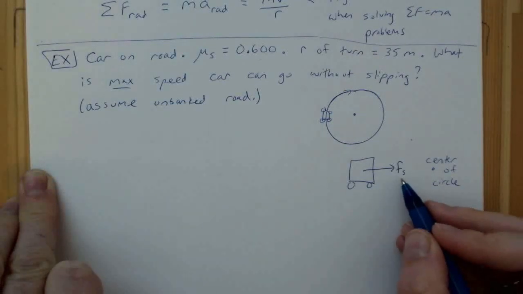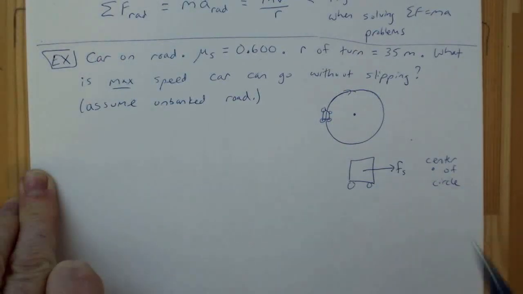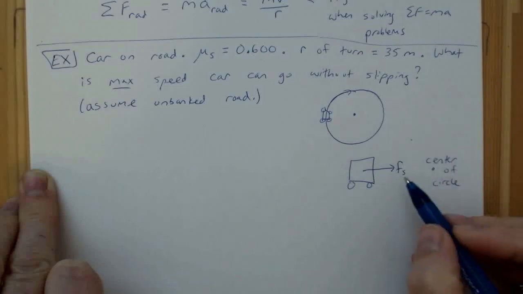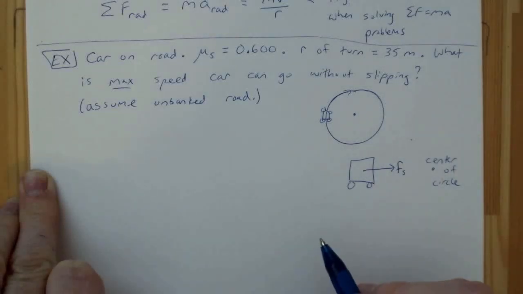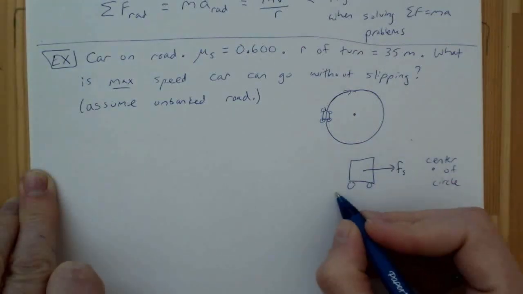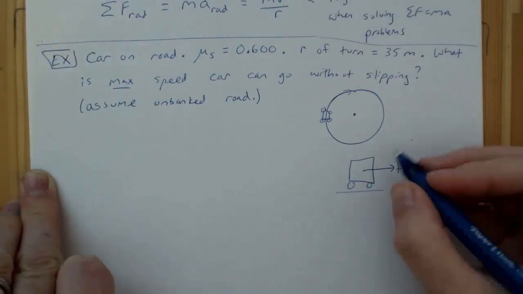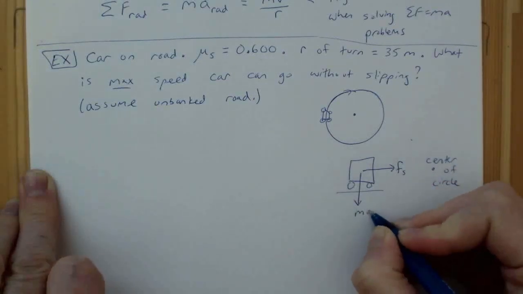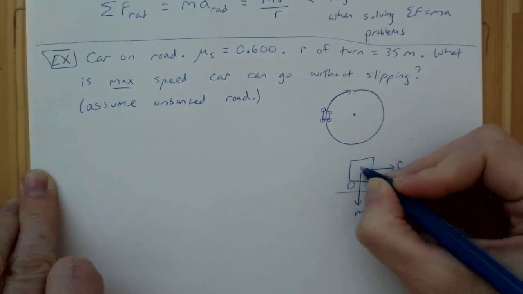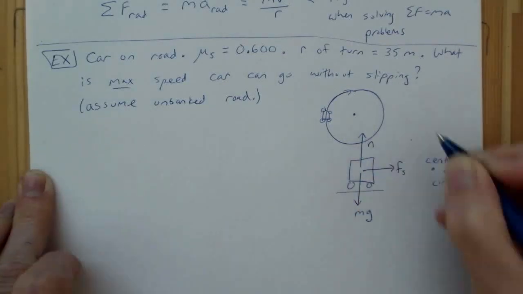If there wasn't enough static friction, or if there is no static friction, say in the case of ice, then you wouldn't have that force and you wouldn't be able to go in a circle. Alright, so here's the ground to orient ourselves, and so then that allows us to say that we have our other typical forces acting, which are the weight and the normal force.